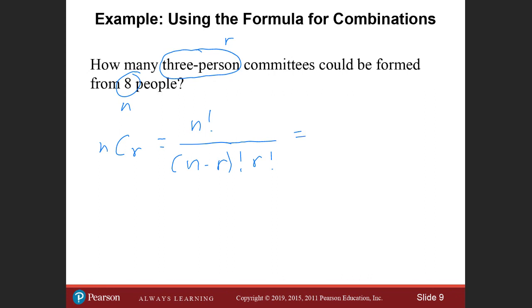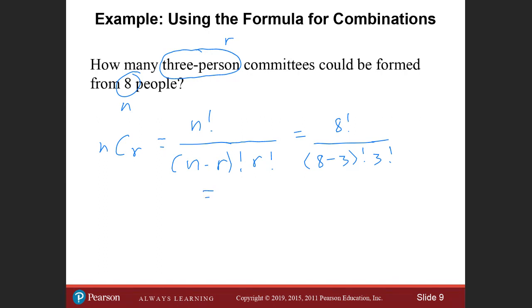So plugging in n, which is 8, that would be 8 factorial over n is 8 minus r is 3 factorial, and our r is 3 factorial.